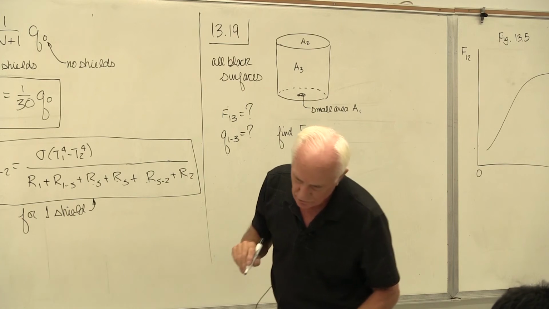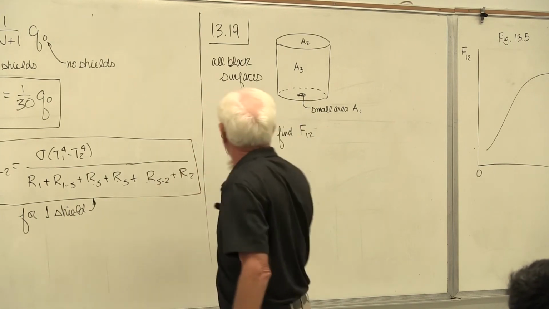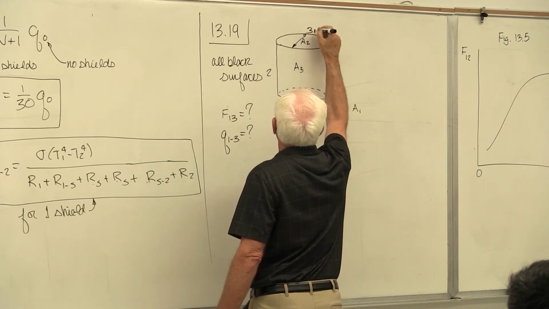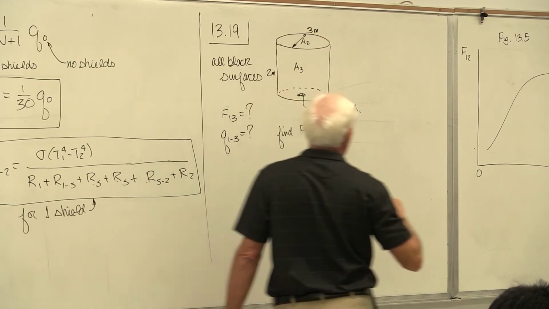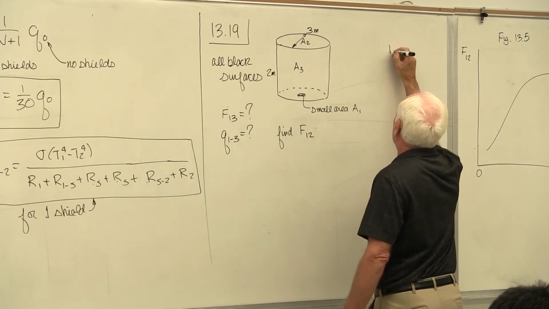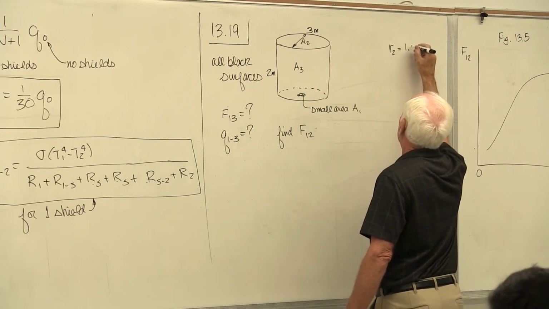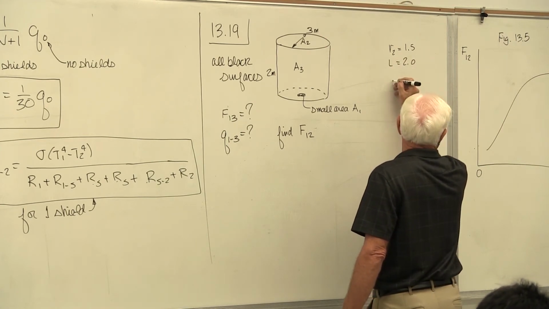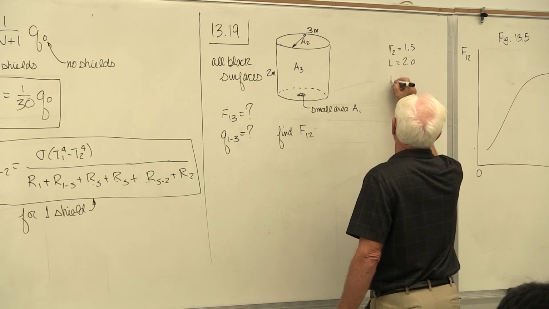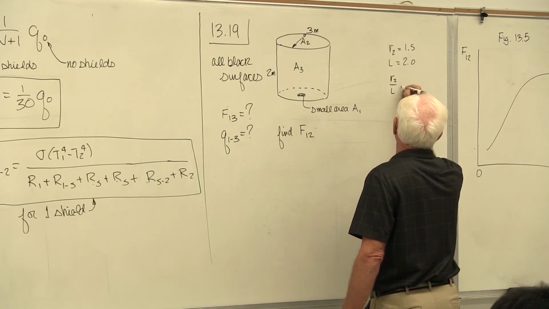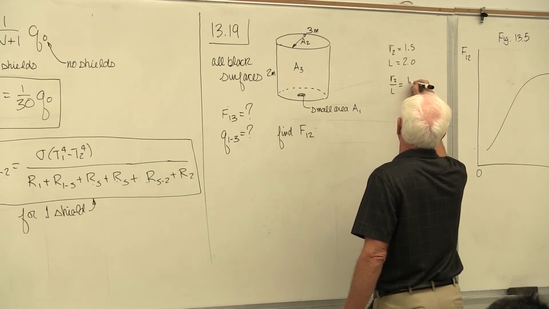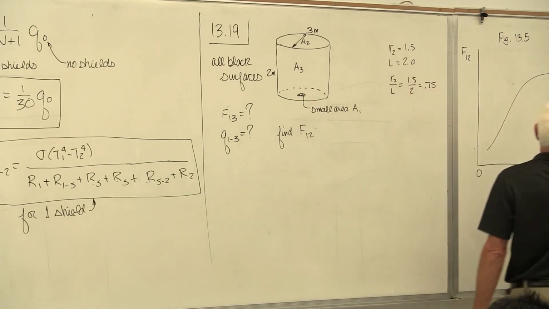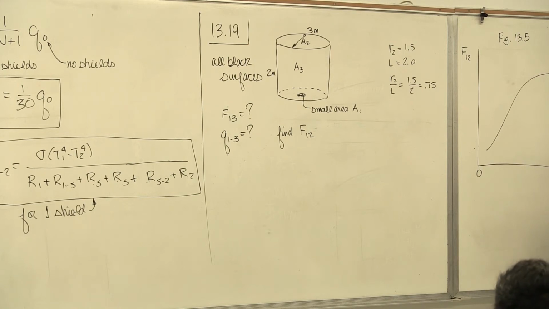R2 equals 1.5, L equals 2.0. So R2 over L is equal to 1.5 over 2.0, which is 0.75. So I go to the line labeled 0.75 on the graph.